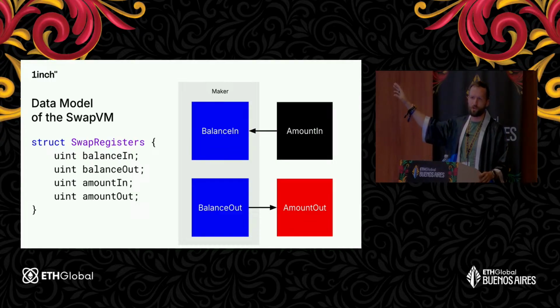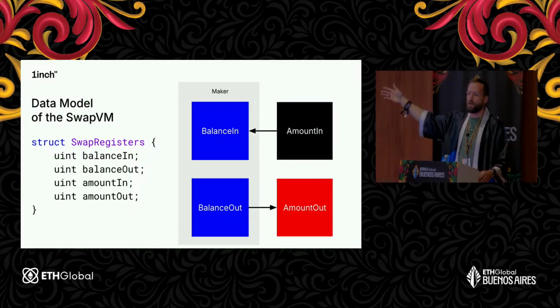This visualization shows that balances are actually balances of token in and token out. In means this token is being sent to the maker. Out means the maker is spending this asset. And balances are obvious. This is like virtual balances from Aqua, for example. And one of the amounts is defined by the taker.